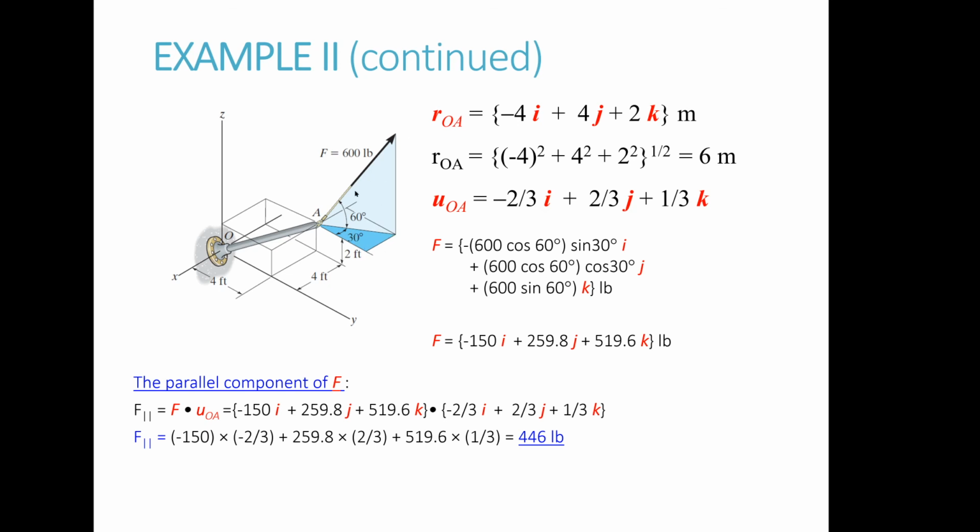So we first come up with an answer for the magnitude of this, thinking about this light blue plane with these two. We're taking how much of the 600 pounds is projected along this line. And that comes to 600 times cosine of 60 degrees. So that's this vector's magnitude. Then we use that in 2 places, here and here, because we're taking this vector and breaking it up into essentially its y.